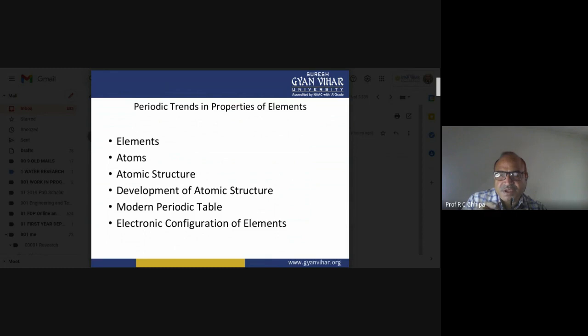For example, alkali metals. In the case of alkali metals, the general electronic configuration is ns1, where n is equal to the number of the period. So whatever 1s1, 2s1, 3s1, like that for that particular group.